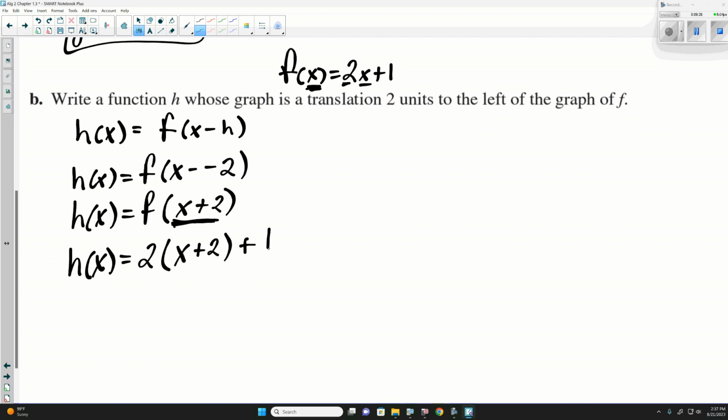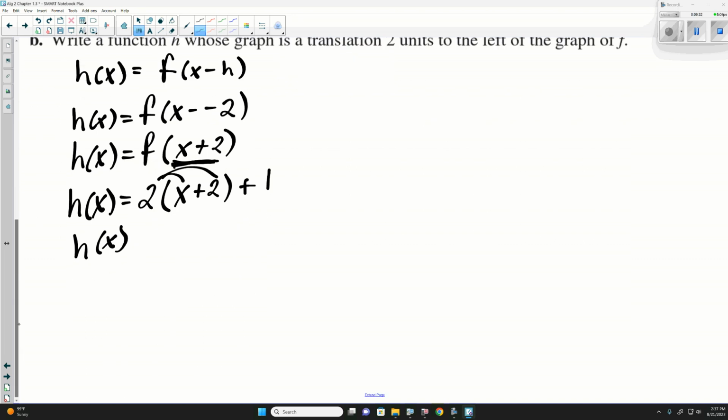Well, now we need to simplify, so we'll distribute the 2. Telling us h of x, 2 times x is 2x. 2 times 2 is plus, yes.